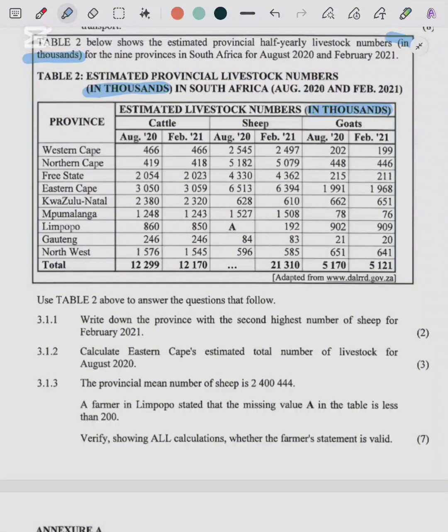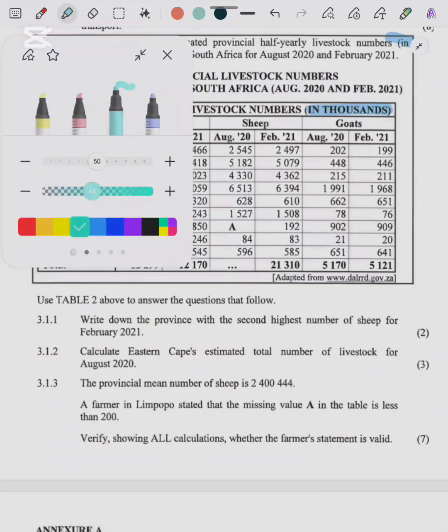It's important that we remember this because when you're answering your values, you need to be specifying if you're working in thousands. You can't just write the number and expect that to be the final answer. Okay, so the first thing we get asked is write down the province with the second highest number of sheep in February 2021. So important thing here is we are looking in February 2021.